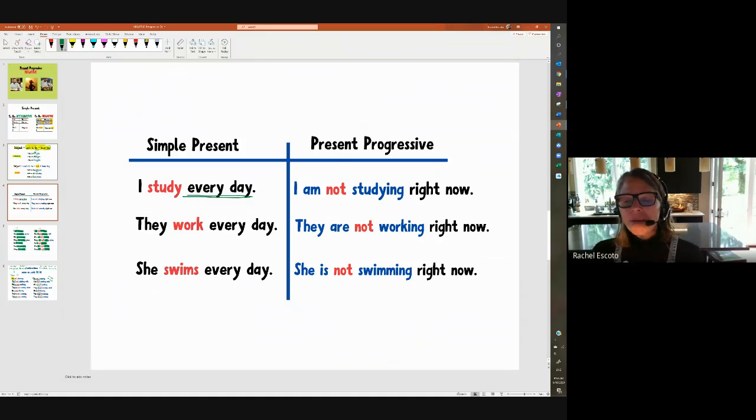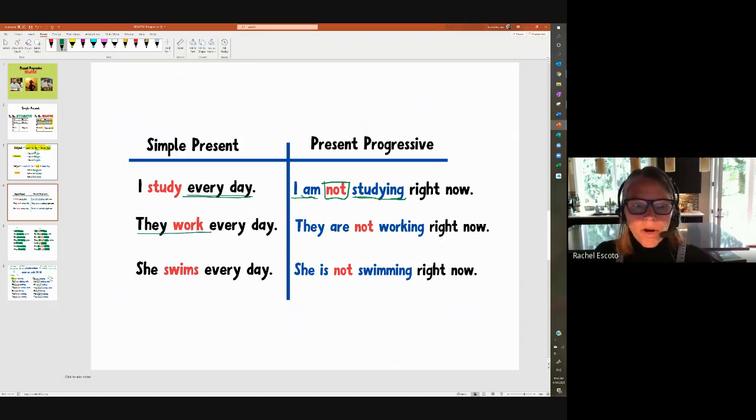But then we want to talk about the negative present progressive. So I study every day at some point, maybe in the morning, maybe in the afternoon, maybe at night. I study every day, but right now in this moment, I am not studying. And remember, we're splitting the verb. Right now, I am not studying.